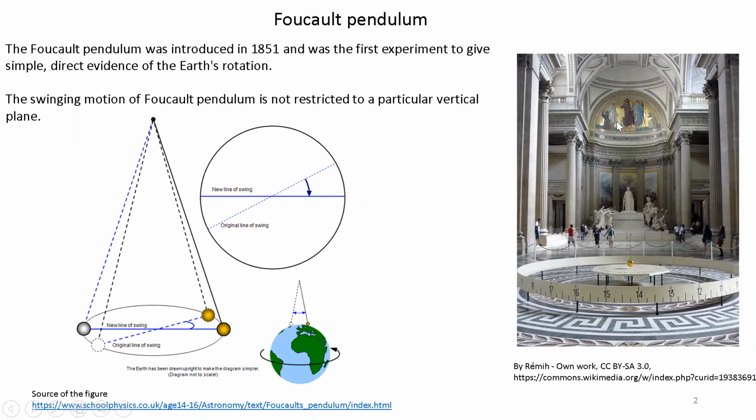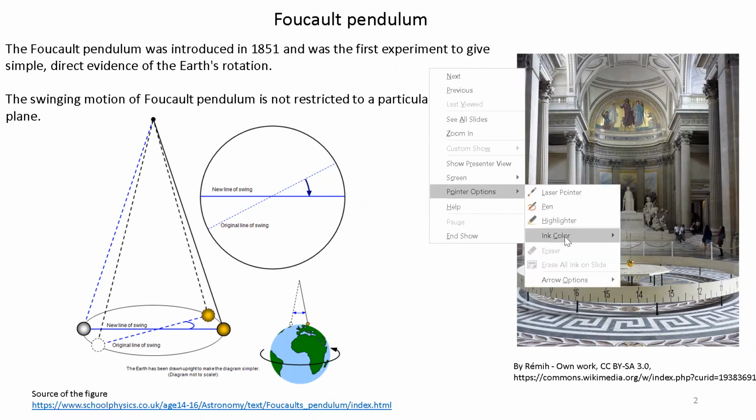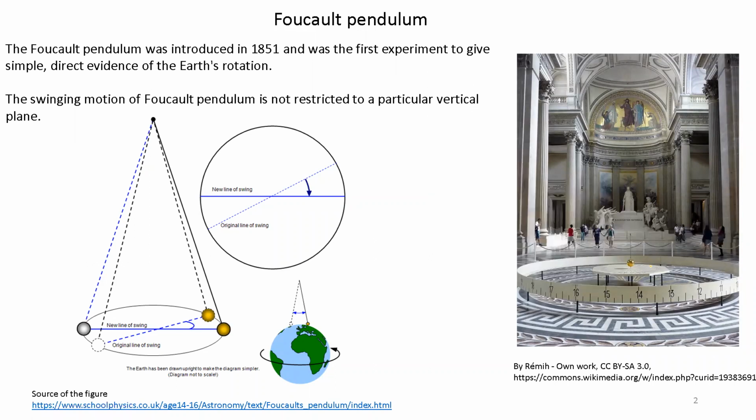To show you how it works, let me draw the top view of this table. If you look at this table from the top, it looks like a circle like this, right?